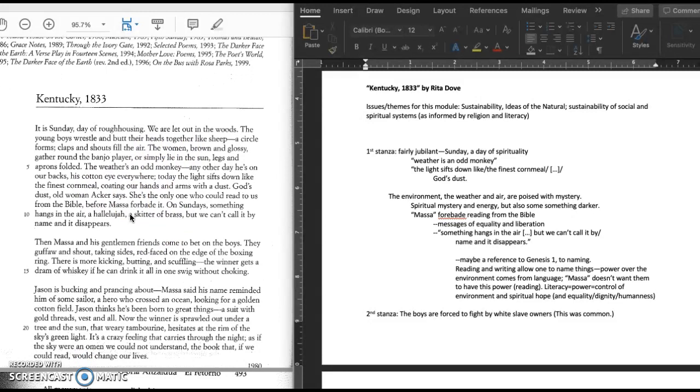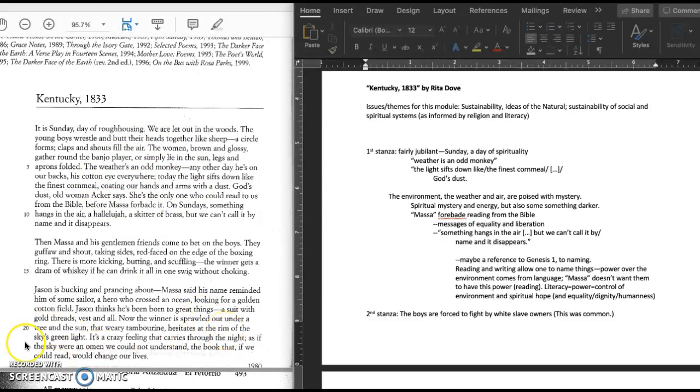We can ask, what's the conflict? Who are the main characters? The characters seem to be the community, the master here, who seems to be able to control and limit what they do, including taking away their Bible and any sense of literacy. Literacy seems to be empowerment here to try to figure out what the meaning of their life is. And the things that seem to be mysterious here, and this is why I included it in the course, seem to be the weather, the environment, the nighttime, right?